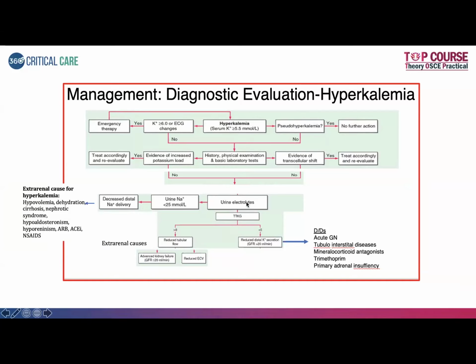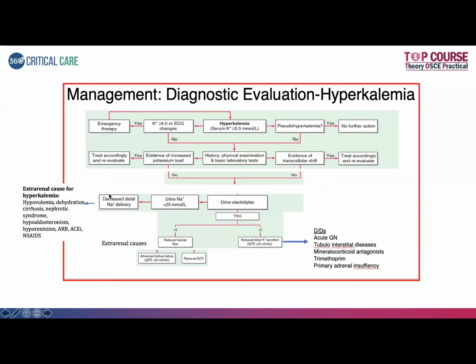Next, look into urine electrolytes. Look into the urine sodium. If the urine sodium is low, it means there is decreased distal sodium delivery. Okay, this is important because hyperkalemia can be due to decreased sodium delivery to the distal tubules, which can cause decreased elimination of potassium.